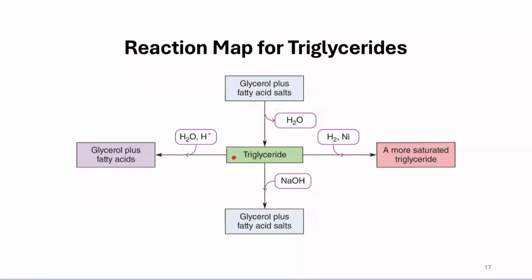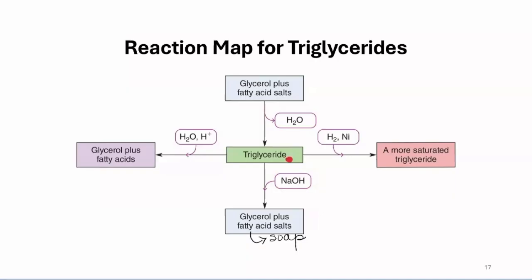Triglycerides, in turn, can be involved in different reactions, including hydrolysis under acidic conditions, which produces glycerol and fatty acids, meaning an alcohol and a carboxylic acid. Triglycerides can also be hydrolyzed under basic conditions. When that happens, the products of the reaction are glycerol and carboxylic acid salts. And these fatty acid salts, or carboxylic acid salts, are what we know as a soap.